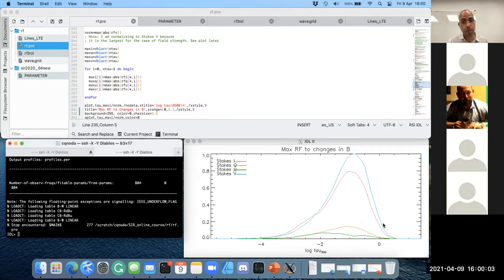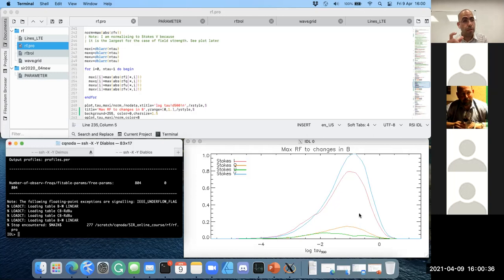So when we compute the maximum response functions to changes in B, in the field strength, now it is the blue line that has a larger amplitude. And you can see that it's not so sensitive as before. Before we had a peak here and then it was extended. So they are mainly centered here, but still you are probably sensitive to the magnetic field in all this region with good accuracy, and then here it's already dropping.